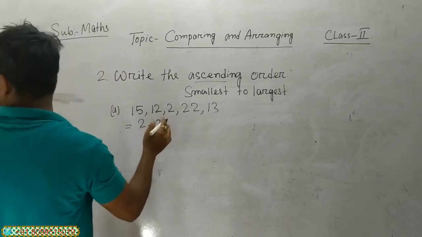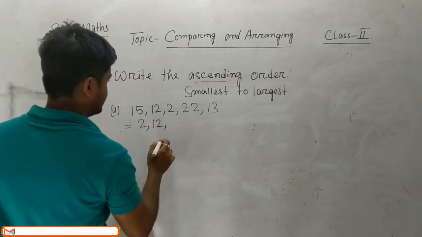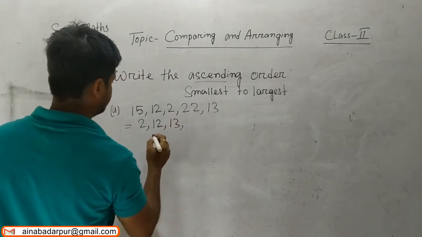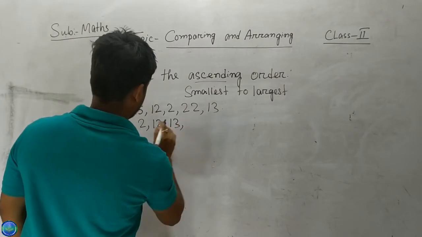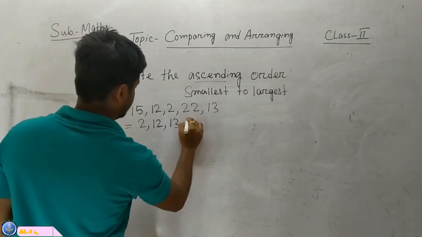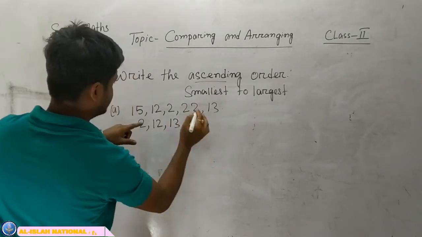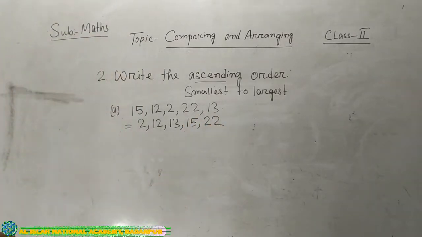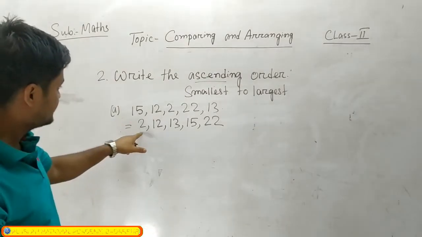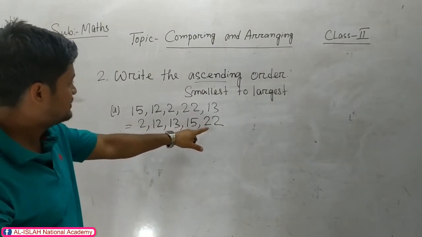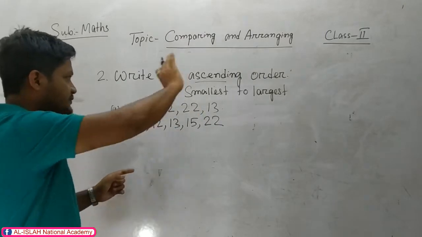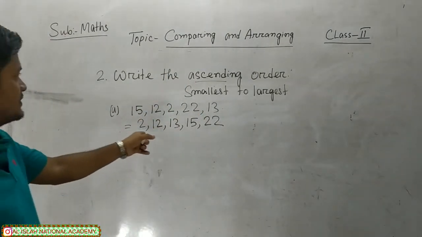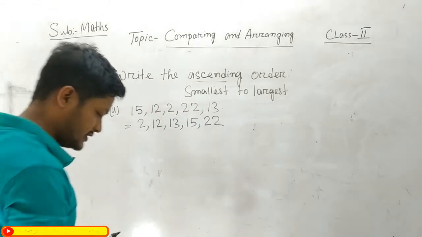Then 13, then 15, then 22. So 2, 12, 13, 15, 22: smallest to biggest. This is called ascending order.